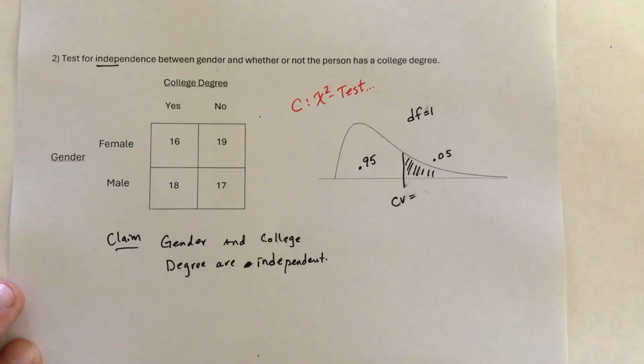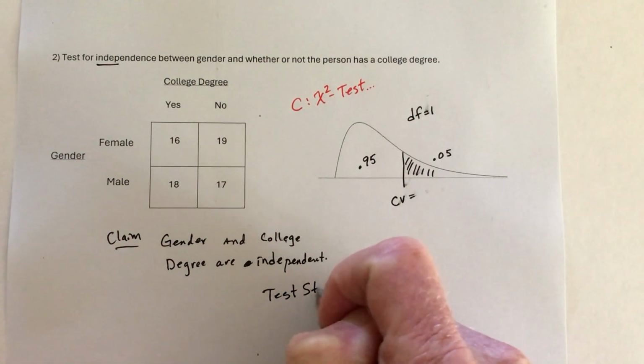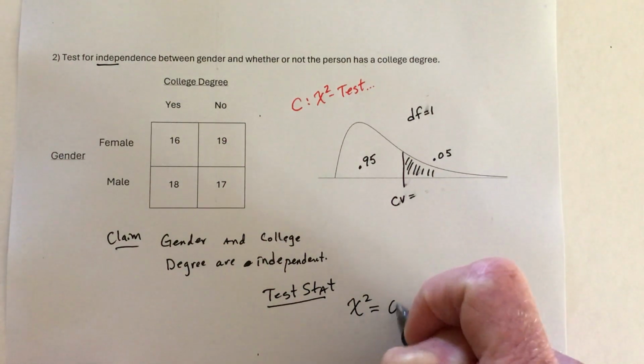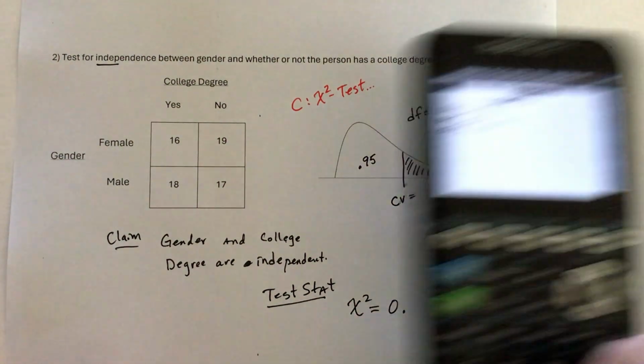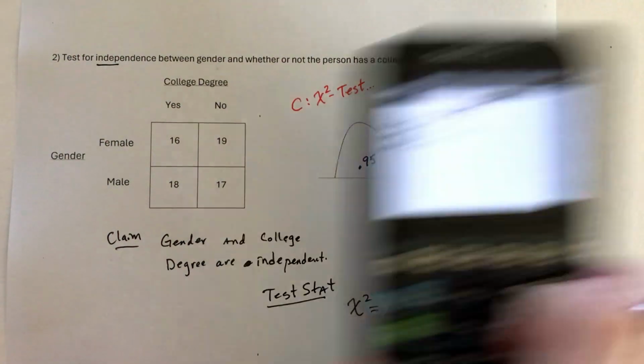So for the test statistic, chi-squared equals 0.229.